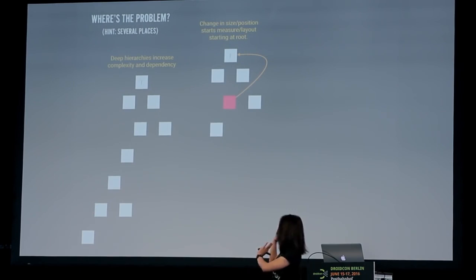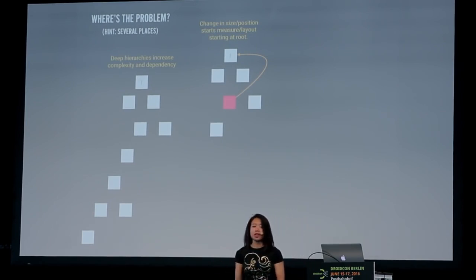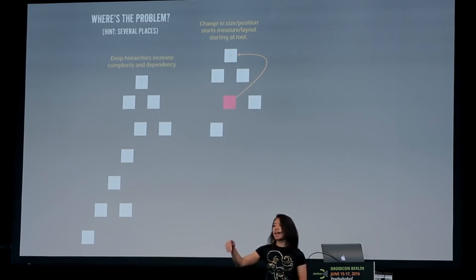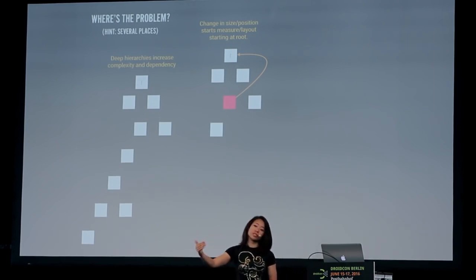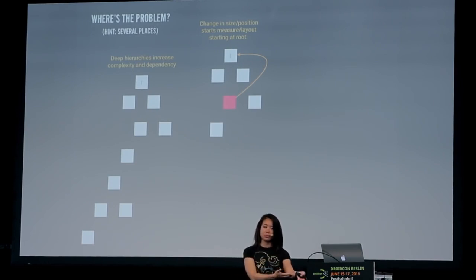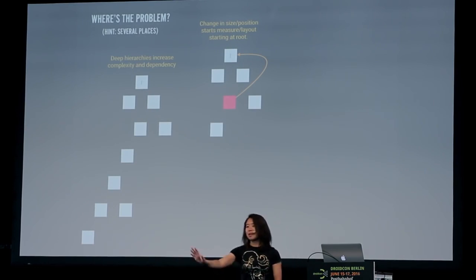Now, up here I have a little view hierarchy, and say that pink view wants to change size or position. All right, well, it'll go through a measure layout again, but it's not just that view that is going to change size and position. If that view has any siblings, they might also be remeasured and relaid out because they might change in relation to their siblings. All right, but it doesn't stop there.